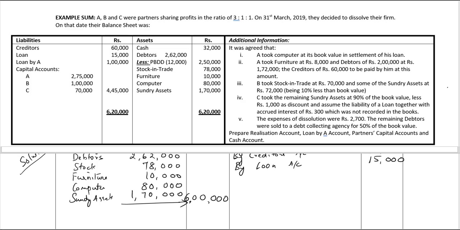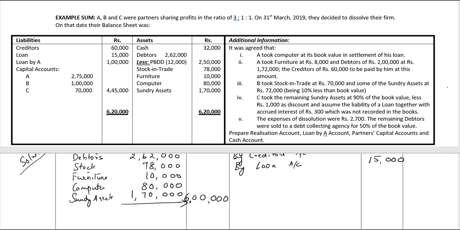The first point says A took computer at its book value in settlement of his loan. The loan given by A to the firm, as per the balance sheet on the liability side, is 1 lakh rupees. And he takes computer at book value, so he takes computer at the value of 80,000.